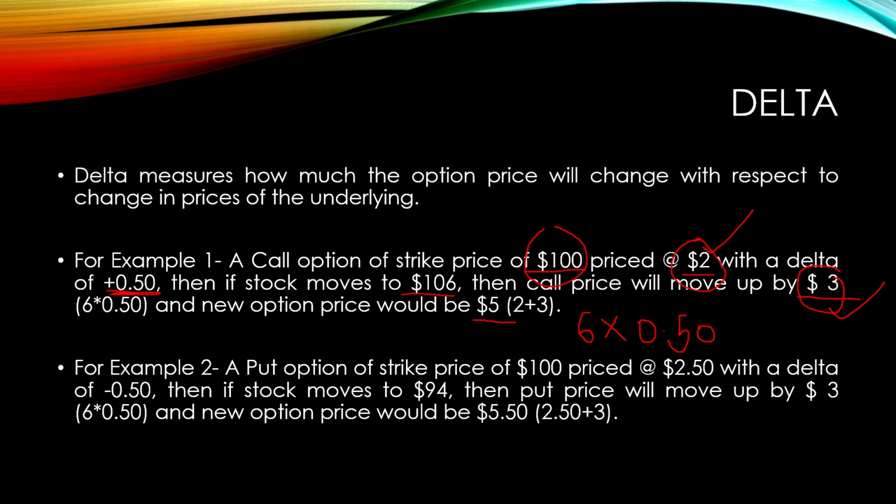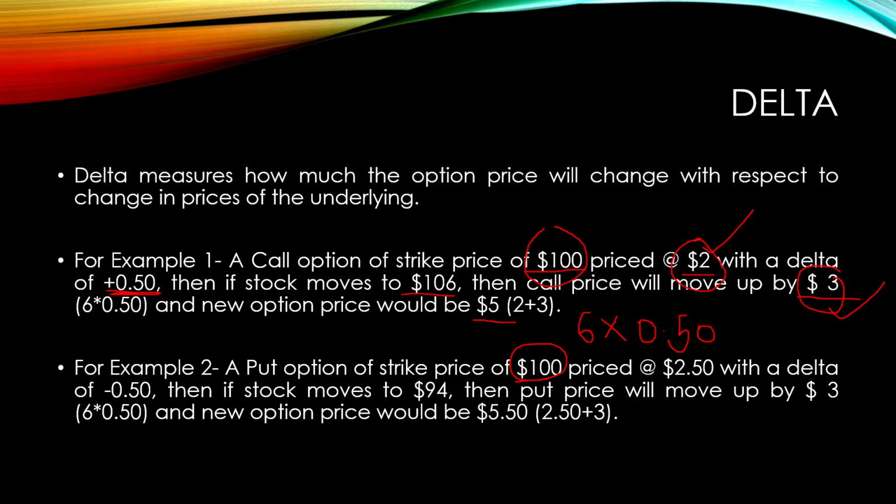So simply put, delta calculates what is the impact on option price with a dollar change in the value of the underlying. Now take an example of a put option. The stock is trading at $100. I think that this share is going to tank. It's going to just go down and down.